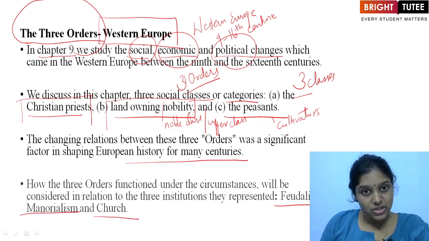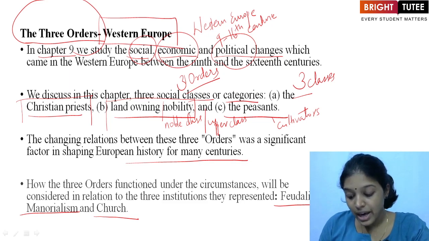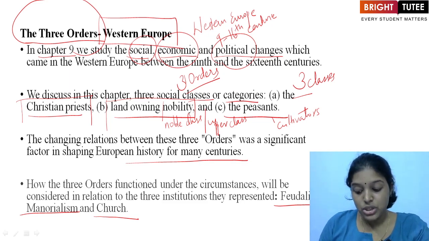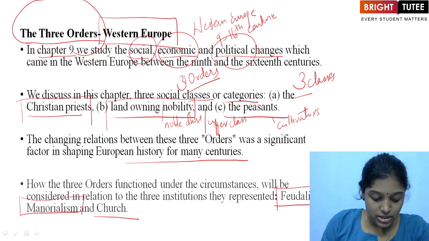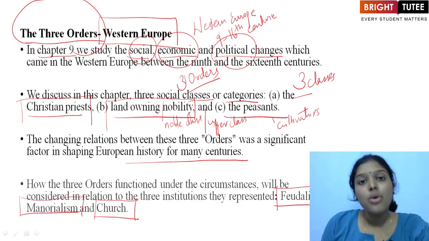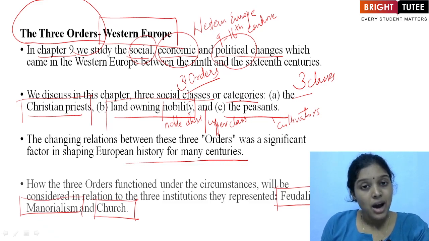So when we look at the changing relations between these three orders, we also will be looking closely at the three institutions which are important: feudalism, manorialism and the church. How these institutions are playing a major role in deciding the social relations and how these three orders are shaping these institutions.